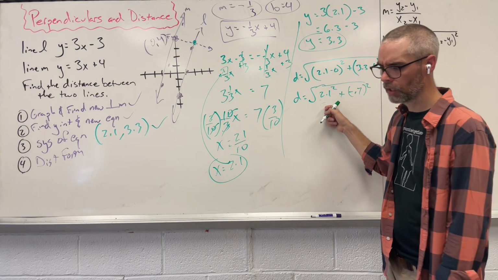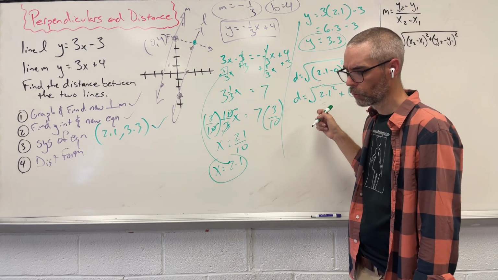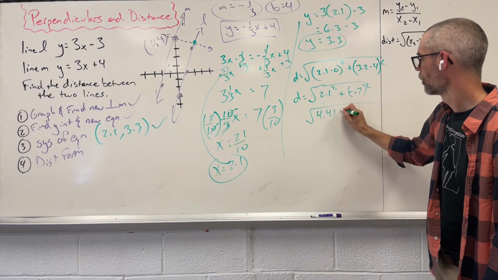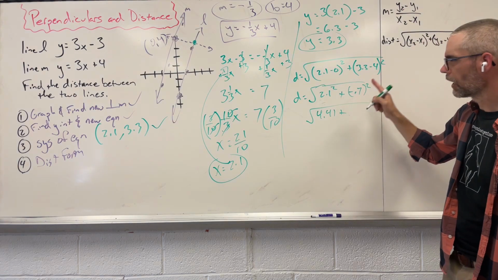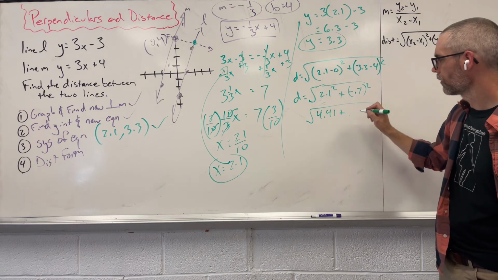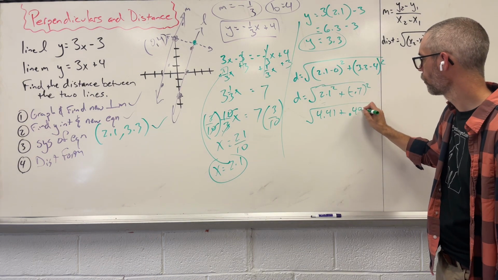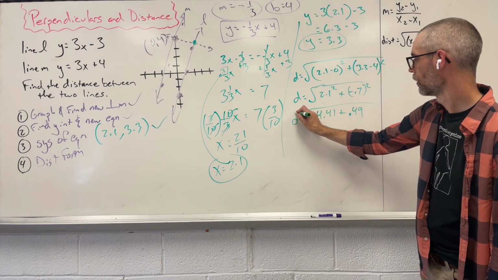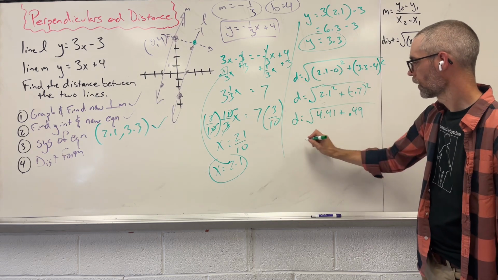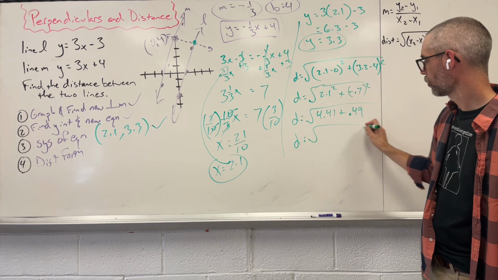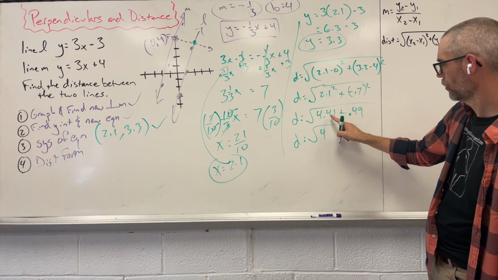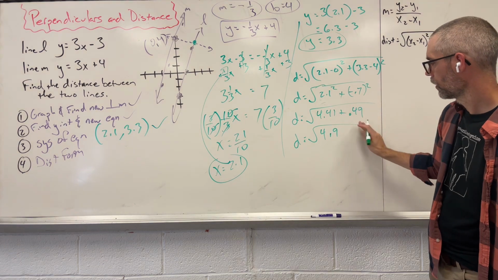So 2.1 squared is 4.41, plus negative 0.7 squared, and negative turns to a positive. 7 times 7 is 49, so 0.49. Add these two things up, giving us d equals the square root of 4.9.